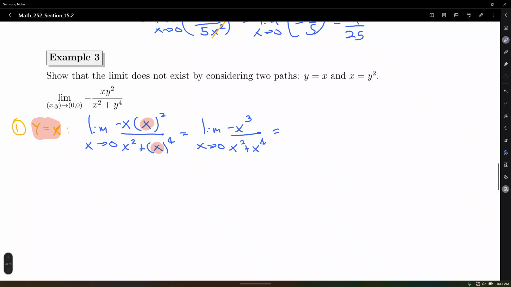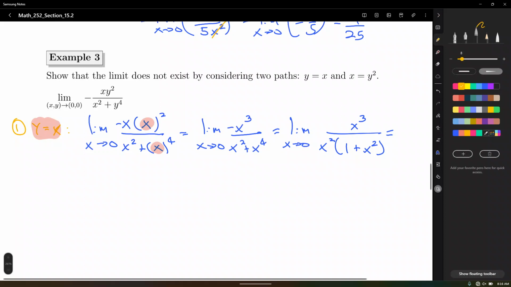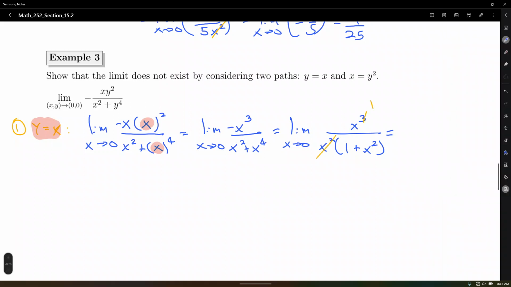Okay. So it looks like I could factor out an x squared in the denominator. So that is the limit as x approaches 0, x squared in the denominator times 1 plus x squared, and the numerator is x cubed, and then we can divide out two powers. That's going to leave us with 1 power, and that's the limit of negative x over 1 plus x squared as x approaches 0.